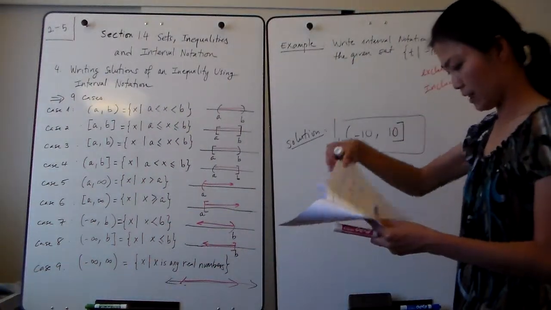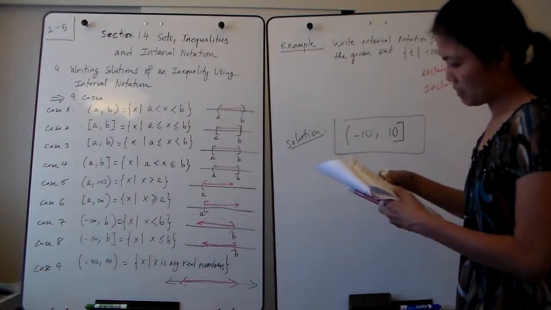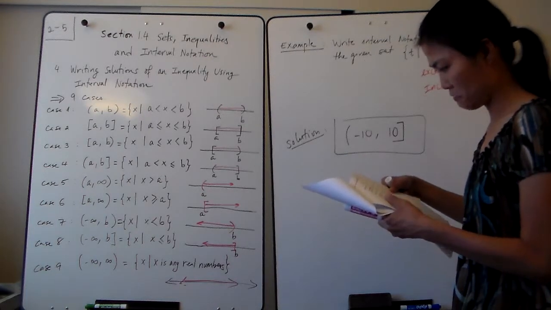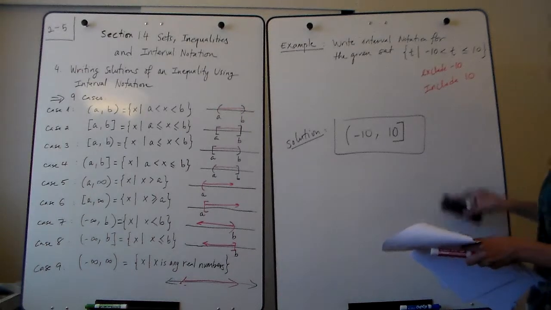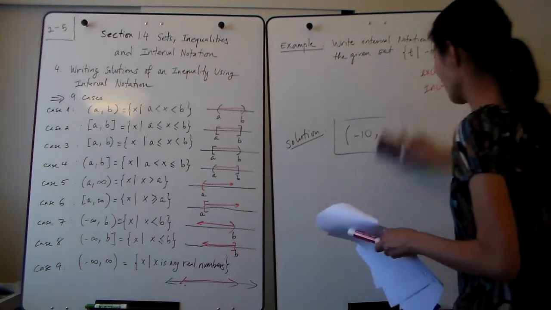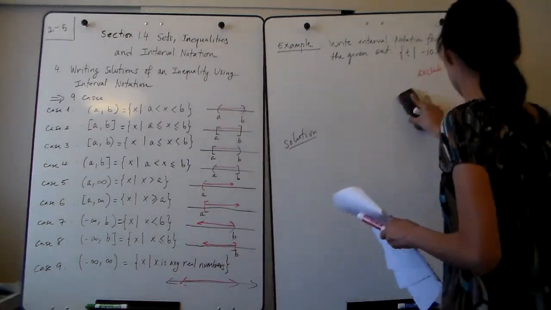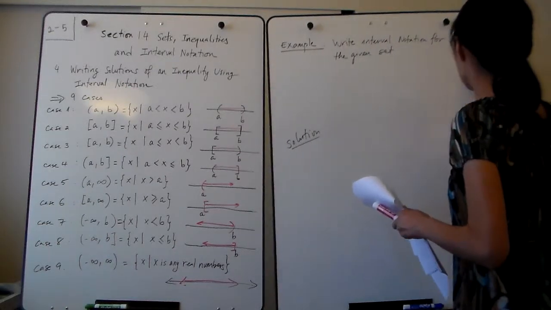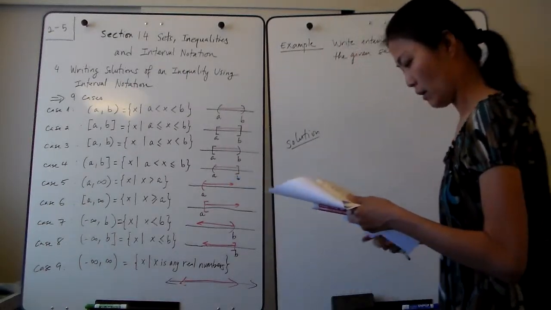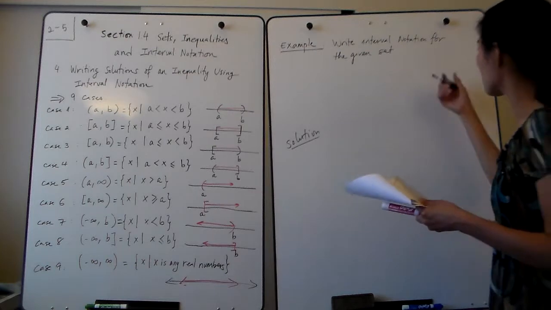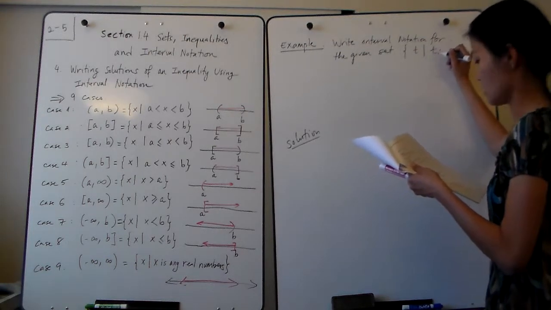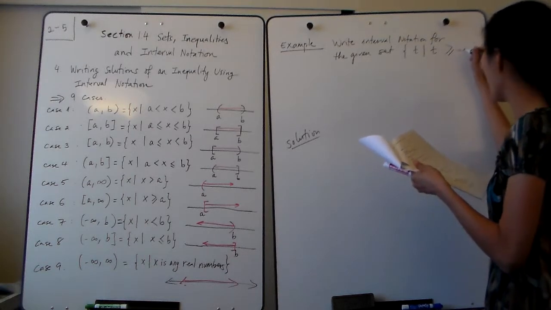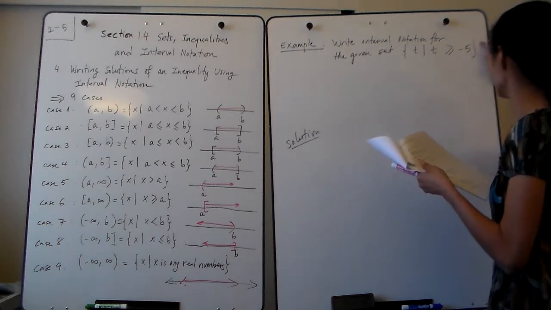So I have another example. Similar question, just different set notation. So I'm going to erase this. Okay. So the set notation is t such that t is greater than or equal to -5.